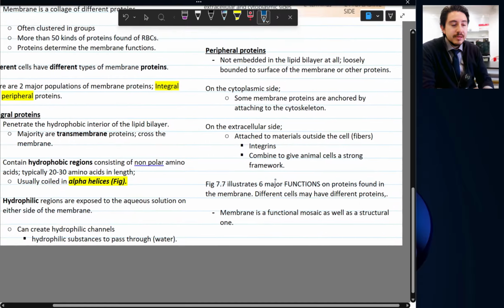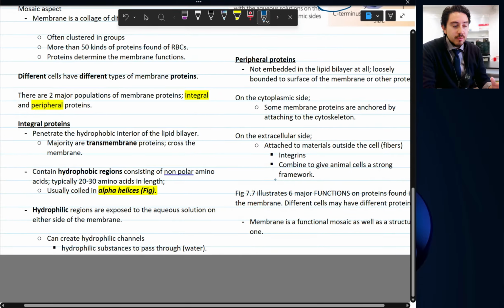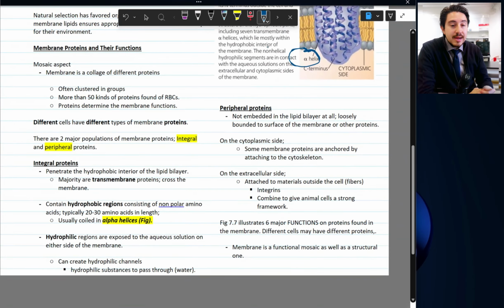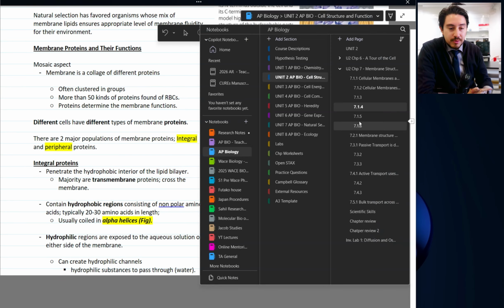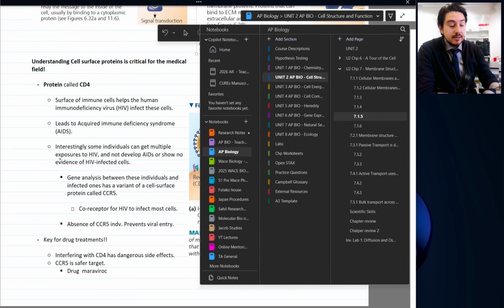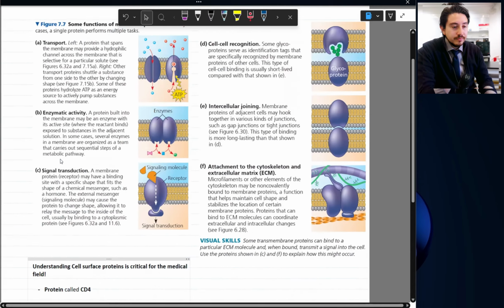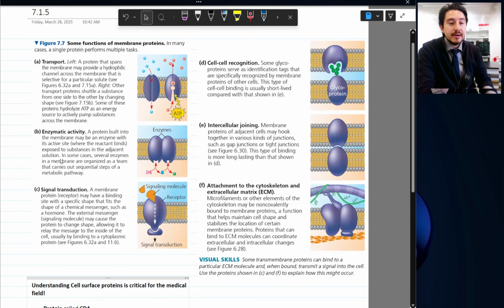Okay, so you have integral proteins and peripheral proteins. So now we're going to be looking more specifically at proteins, and we're going to see different types of proteins. We're going to look at the general functions that membrane proteins can have, and we're going to start with a very important panel to study. Right?